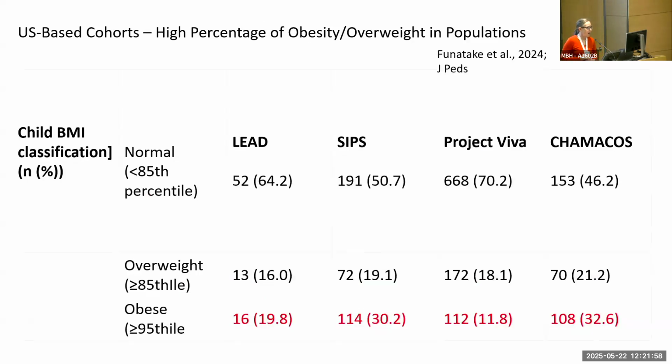And I just put at the bottom, you can see the obesity rates in these other cohorts. So the cohort that the model was developed from, we were around 20%, 25% obesity at age 5. These other ones were between 11%, which was Project Viva, and 32% Chamacos here in the Central Valley for obesity.